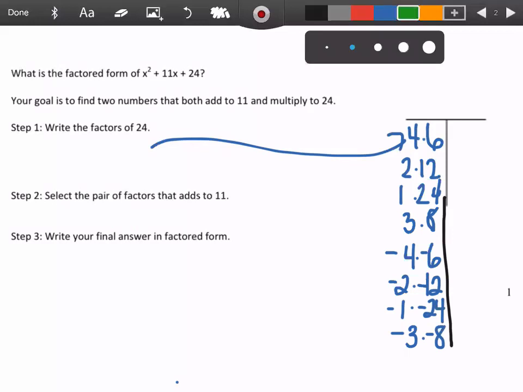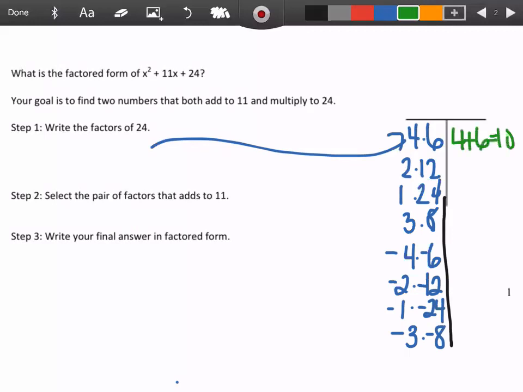All right, and then we're going to find the sum. So we're going to take 4 plus 6, which is equal to 10. 2 plus 12, which equals 14. Once we get to 11 here, because we're trying to add to 11, technically we could stop.